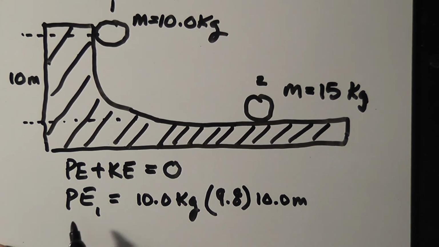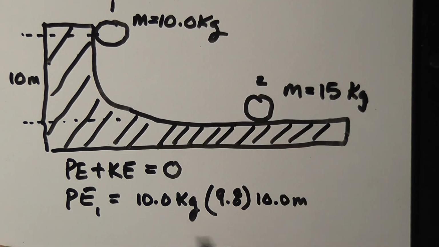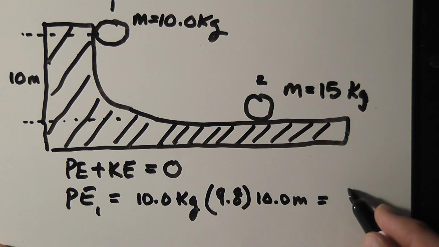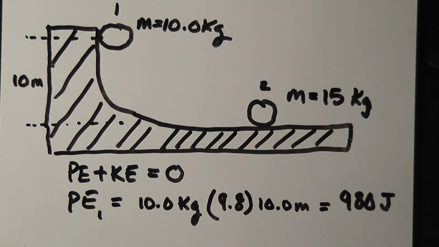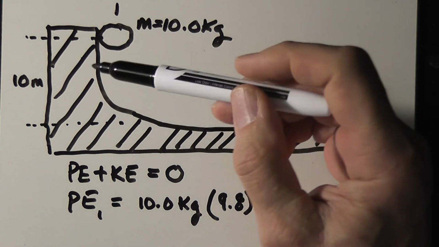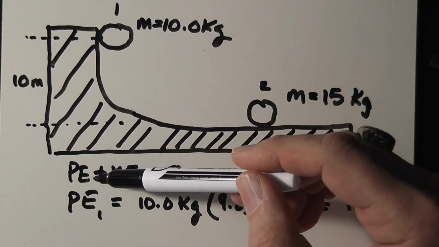Okay, so we have our potential energy in our first position is going to be equal to 980 joules.